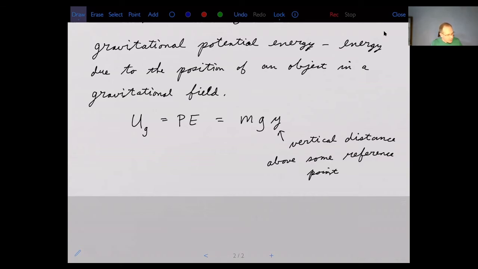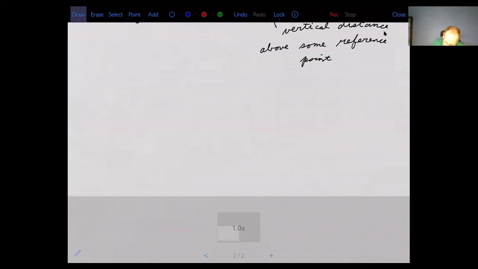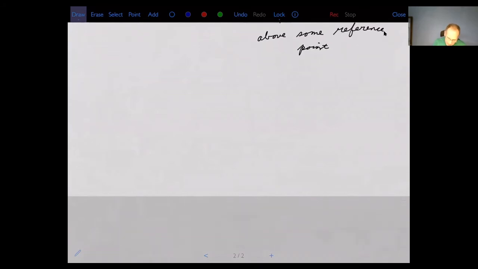Okay, so now I want to explain the work energy theorem, but I want to do it in the most general way possible. So let me write this out. Think of this as the general work energy theorem.